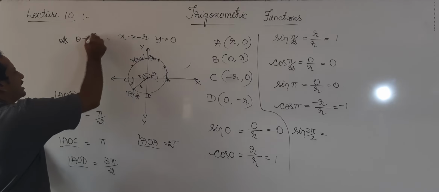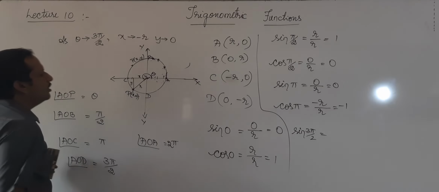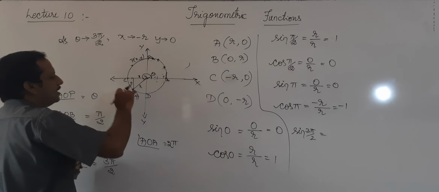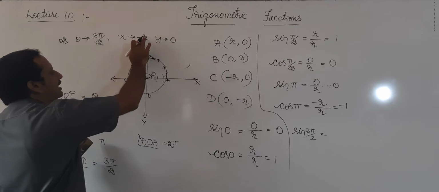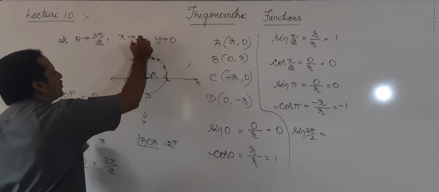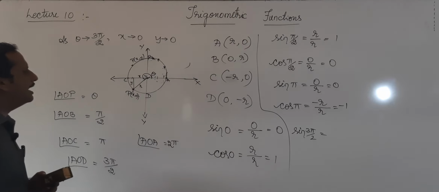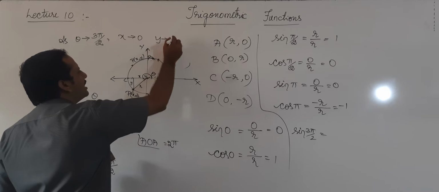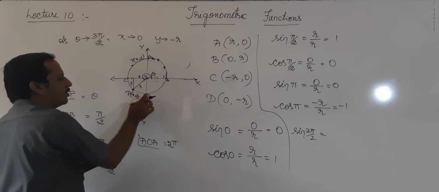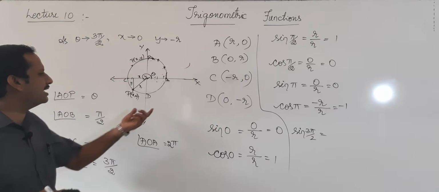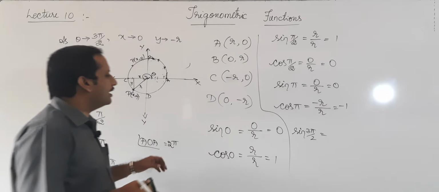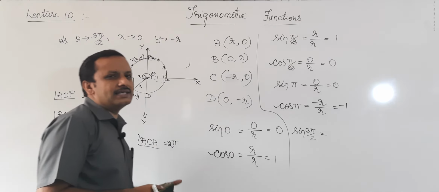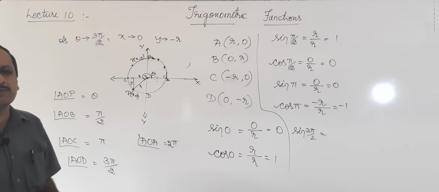So as theta tends to 3 pi by 2, x will tend to 0, and y will tend to minus r. It will come to this position, the coordinates of this point, as you know, 0 comma minus r. So now what happens? Sin 3 pi by 2. Sin theta is defined as opposite by hypotenuse.